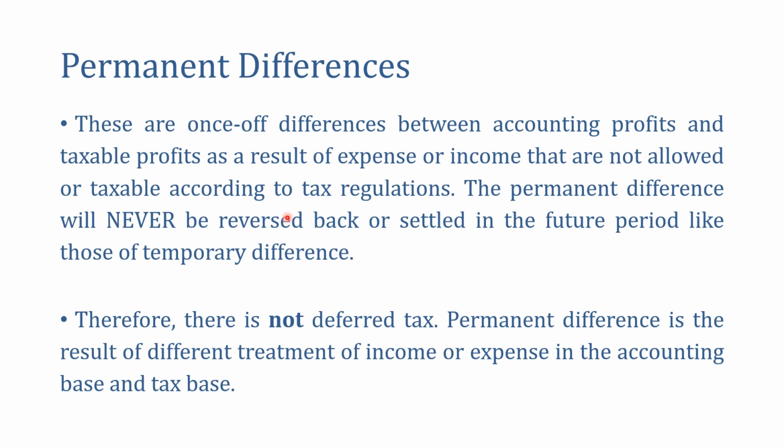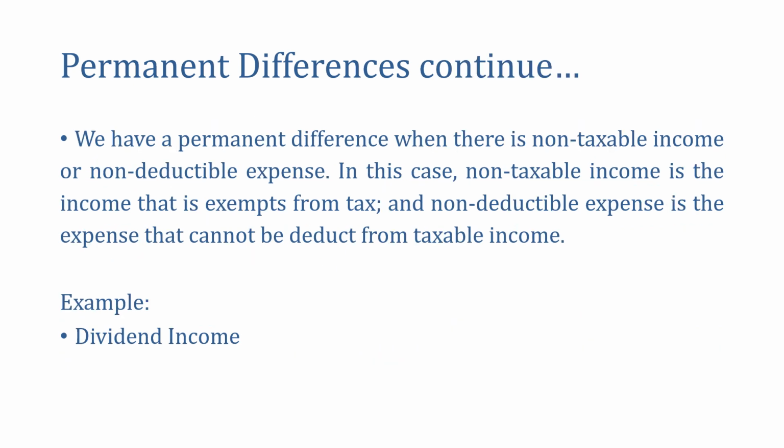So why? Because the way accounting treats a specific item and the way tax treats the same item is different and will never meet, not now, nor in the future. Therefore, there is no deferred tax under permanent differences. A permanent difference is the result of different treatment of income or expense in the accounting base versus the tax base.